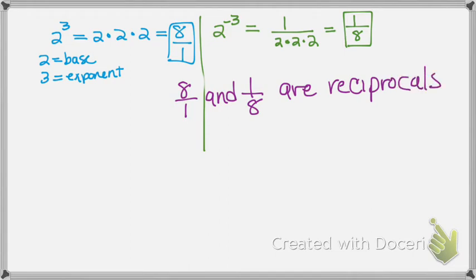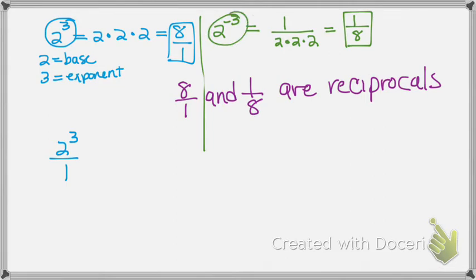Okay? So now let's look at the original problems that we had. We had 2 to the third, so 2 to the third over 1. Now in the green, we had 2 to the negative third.